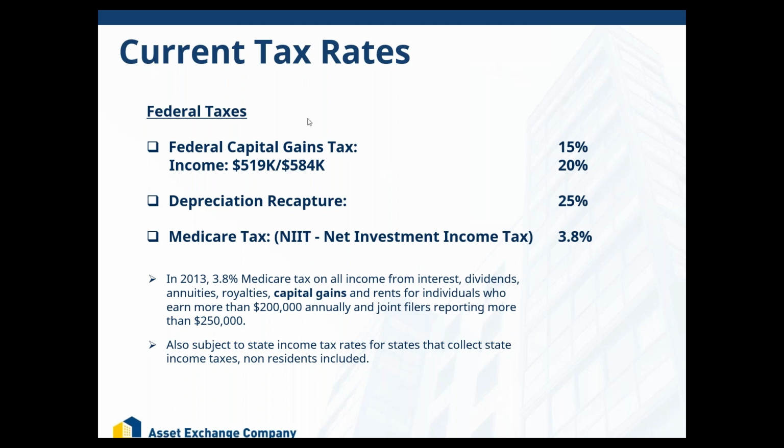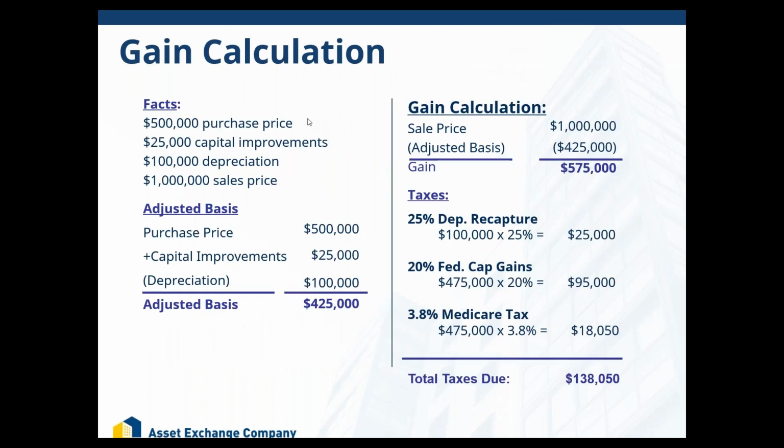All right, so how do you actually calculate what the taxes are? Well, this is typically done by a CPA, but I'm going to walk you through just a real basic example, just to give you an idea how they calculate taxes and what potential taxes could be. In our example, we originally purchased our property for $500,000.